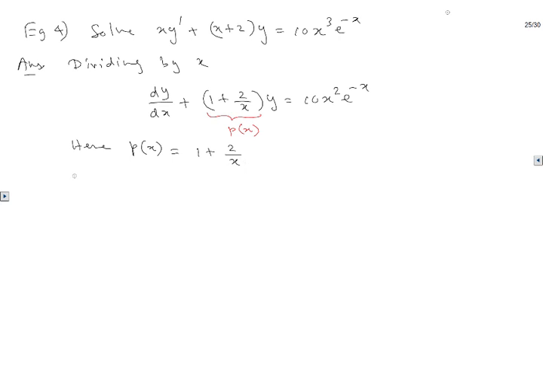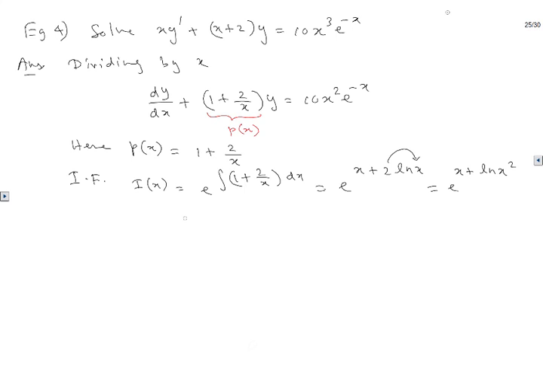So the integrating factor, μ(x), equals e to the integral of (1 + 2/x) dx. This is not that bad. Integral of 1 is x, 2/x is 2 ln x, bringing the 2 inside, so it's going to be e^(x + ln x²).